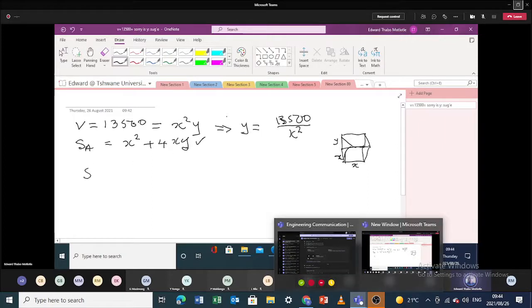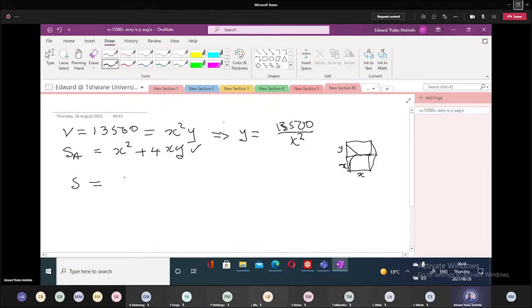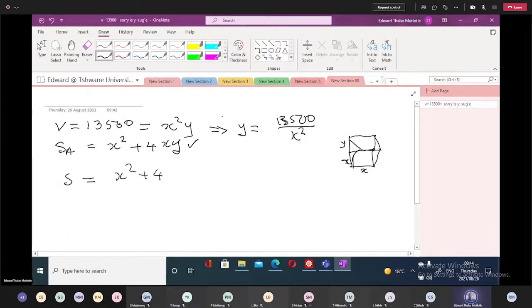So our S is equal to x squared plus 4 multiplied by 4x multiplied by 13,500 over x squared, and then this becomes x squared plus, so x and x cancel out, and then 13,500 multiplied by 4, I think, is 54,000 over x.